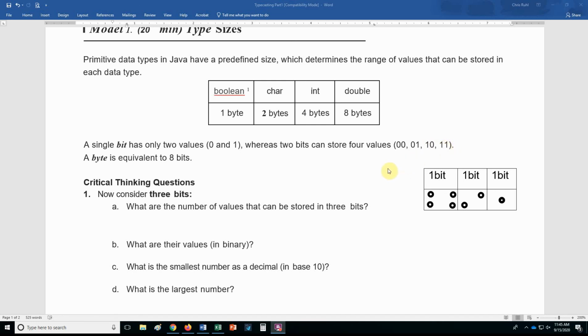And what if we wanted negative values and positive values? Well, we would have 0, and we would have 1, we would have -1, and we would have -2.